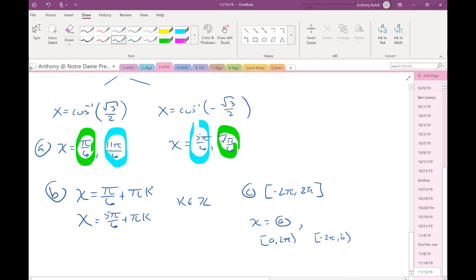To get those negative answers, I need to find an angle that's coterminal to each of these and is negative. I'll do that just by subtracting 2 pi from each of those. So I get 11 pi over 6, and then negative pi over 6, and then negative 7 pi over 6, and negative 5 pi over 6.